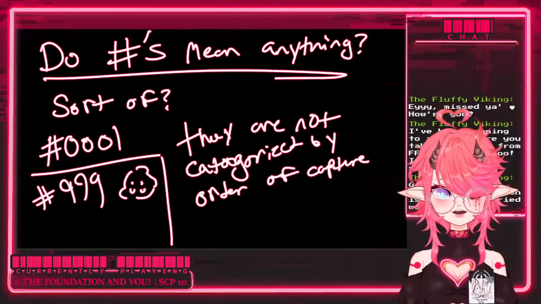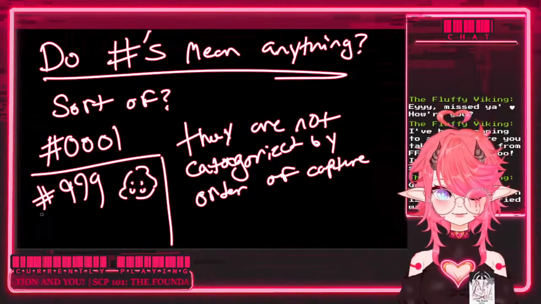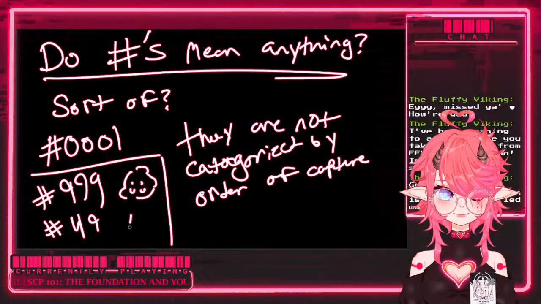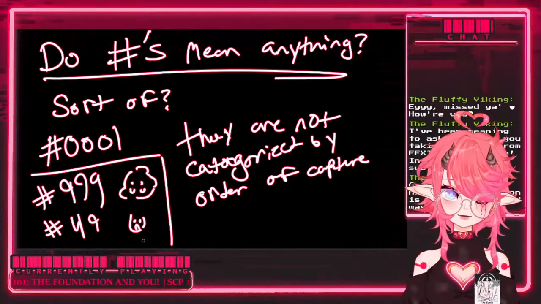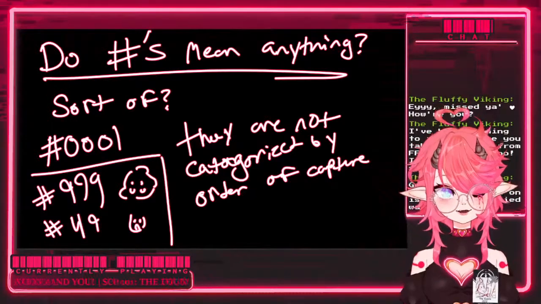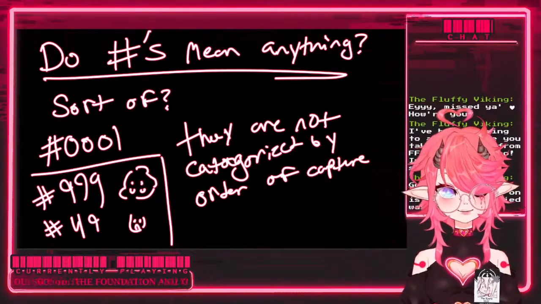Shy Guy is, I think, number 49. These different SCPs themselves, I believe, were found at very different times.